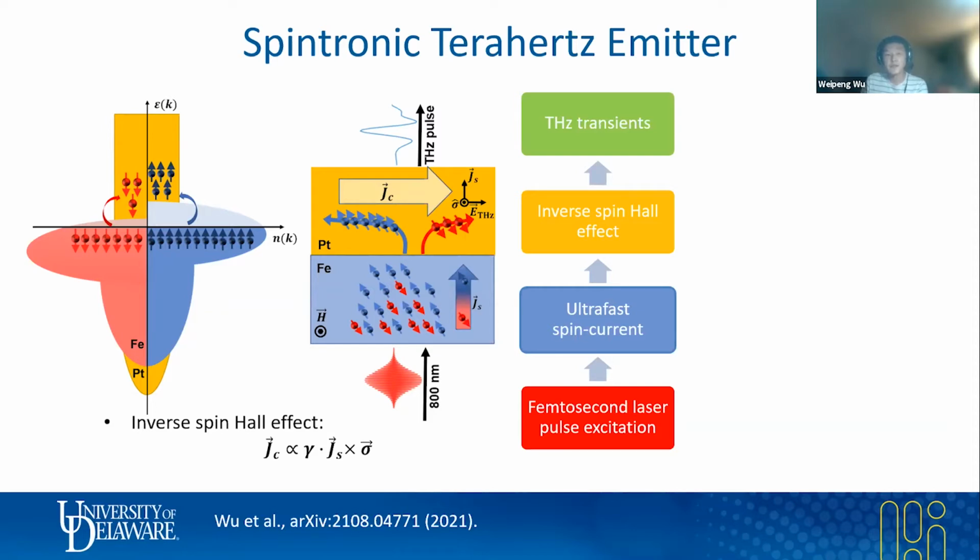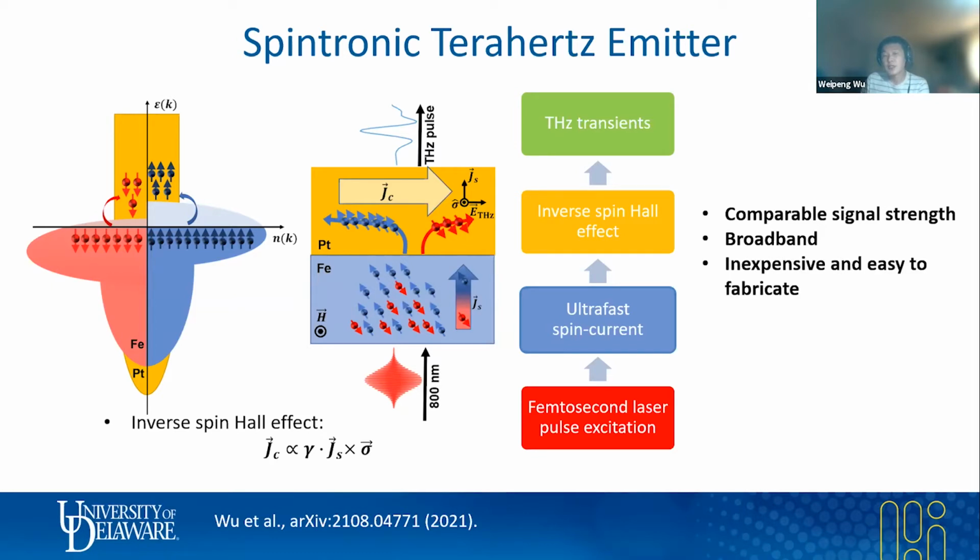And it is found out that the generated terahertz signal has comparable signal strength and is broadband. Last but not least, they are less costly and easy to fabricate compared with conventional terahertz sources.